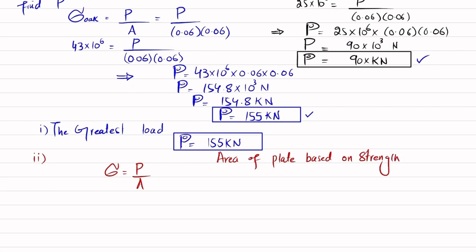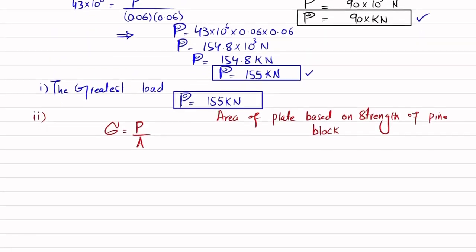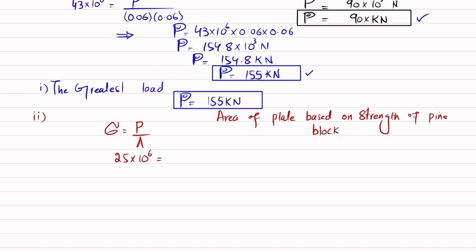Why are we taking the strength of the pine block? Because it is the smallest strength, so we will design on the smallest one. You can see this is the smallest and this is the largest, so we will choose this value. The stress is 25 into 10 raised to power 6 Pascal, equal to P, the largest load, so 155 into 10 raised to power 3, divided by the area.